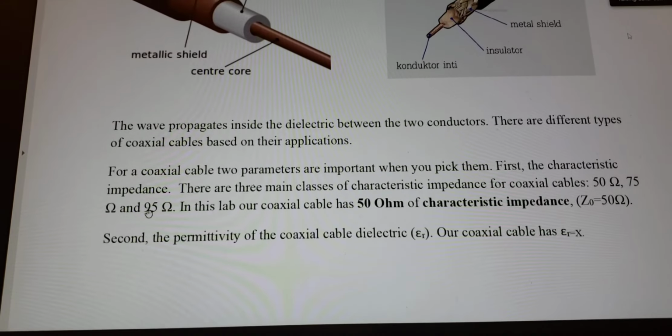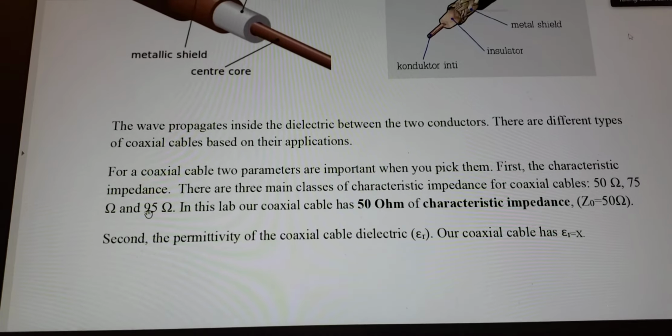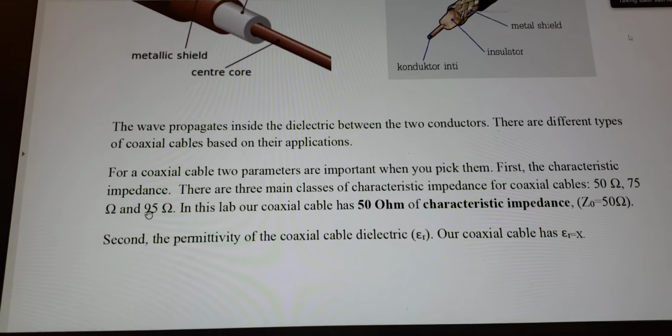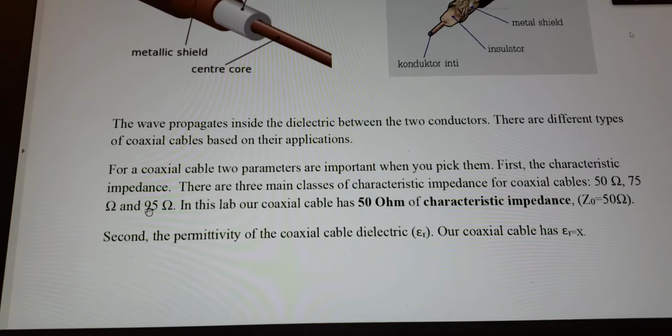The second thing you need to know is the property of the material that is used to make this transmission line, which is the permittivity.